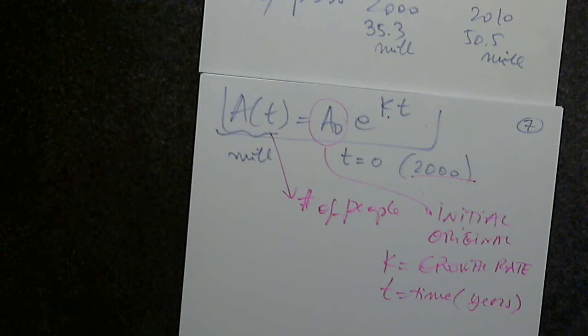We've seen this before. This was the exact model for continuously compounded interest, where we had the amount of money, P the principal, interest rate, time t in years.